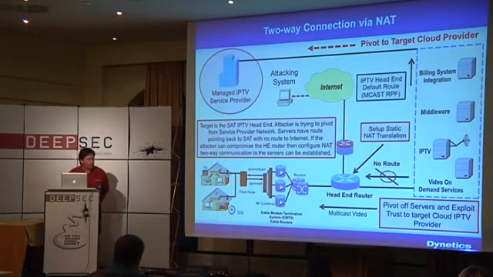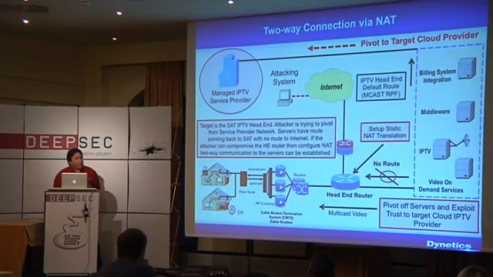Well, this was a cable head end, and they have all their middleware, their analog digital receivers, billing systems, the video on demand architecture, and they're pulling digital cable TV channels from an upstream provider.